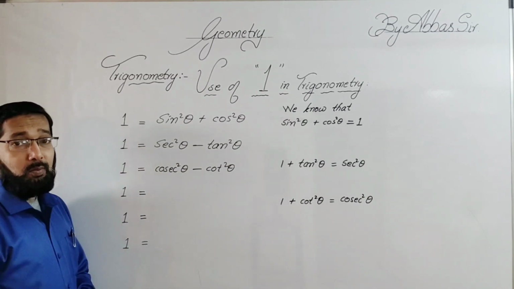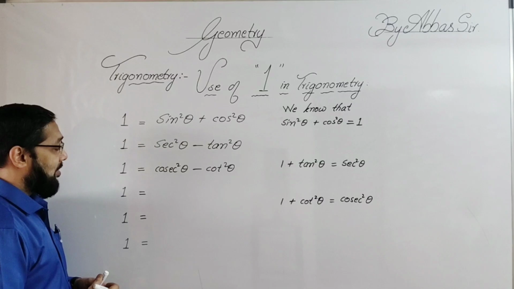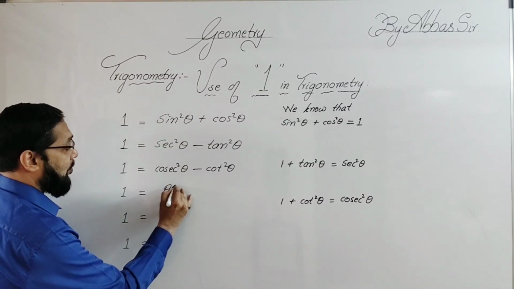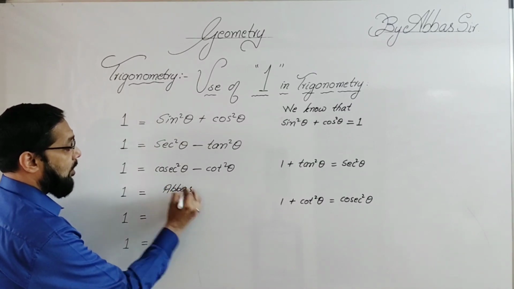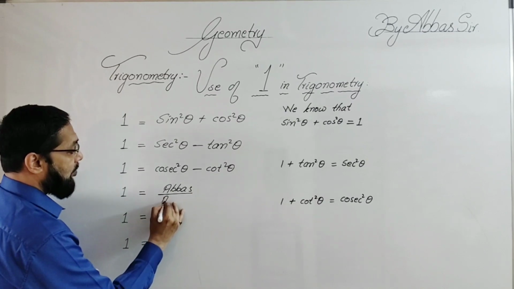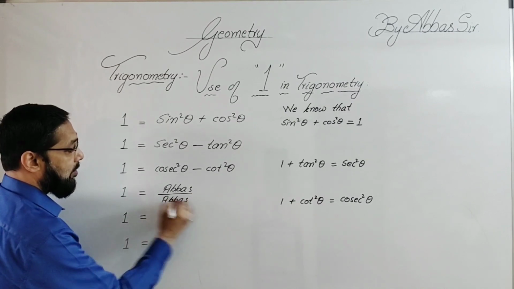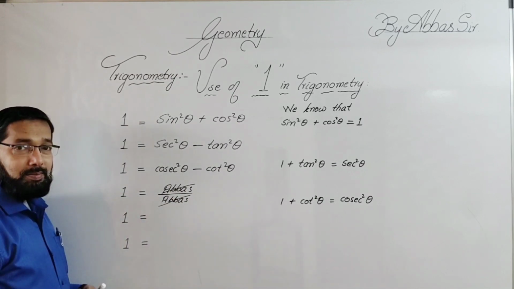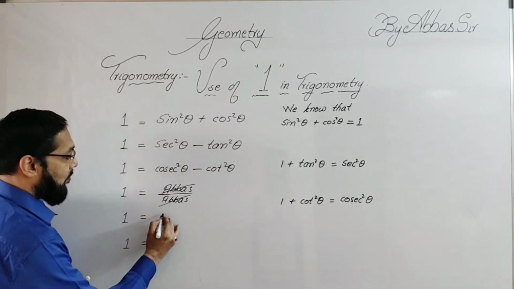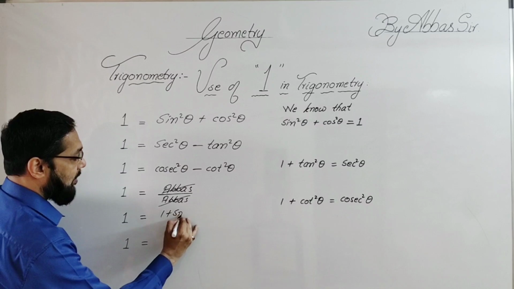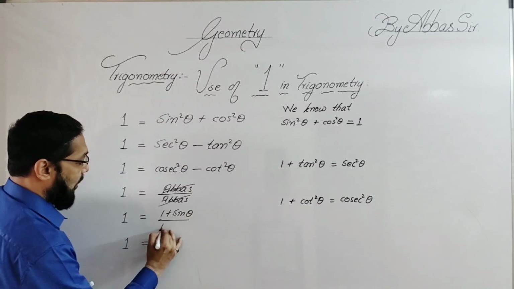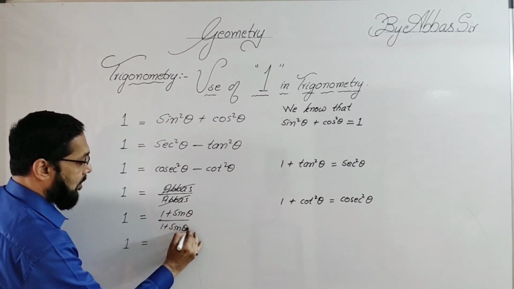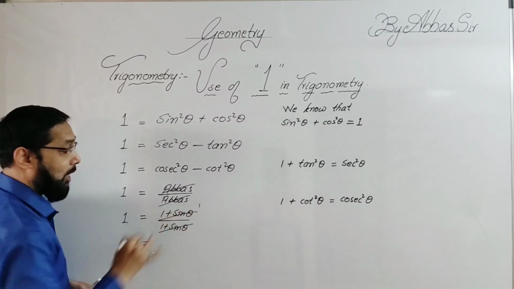The other ways of writing 1 are, that if I write like this, a upon a, that is if I divide one term with the same term, you know what I get? It gets cancelled and we get 1 only. Similarly, if I divide, say, 1 plus sine theta with 1 plus sine theta, don't they get cancelled and we get 1?